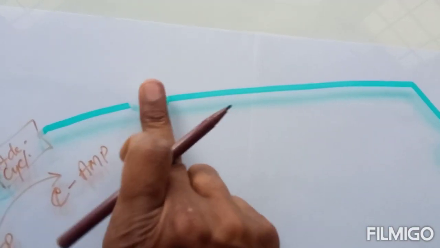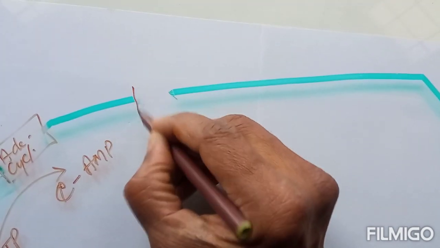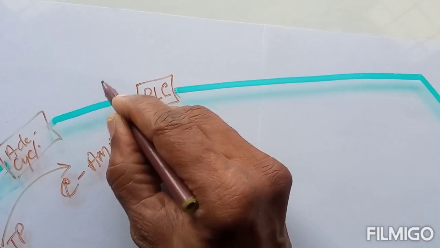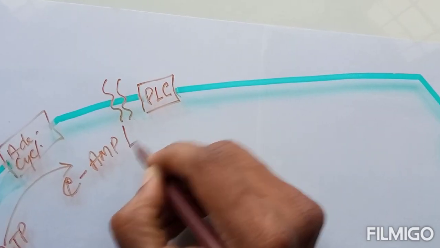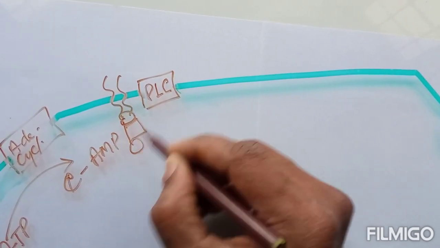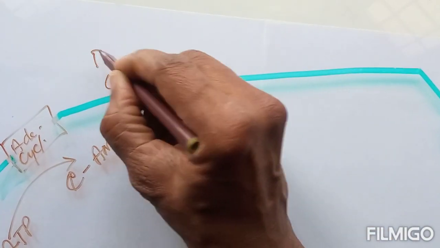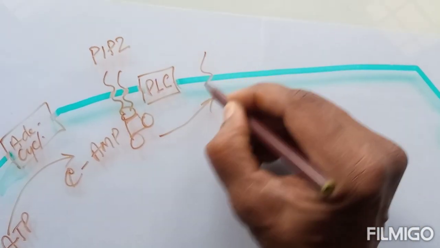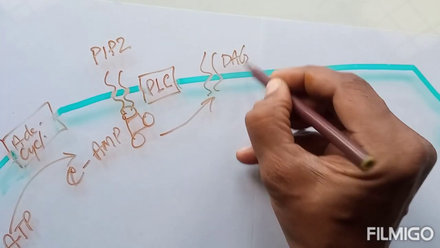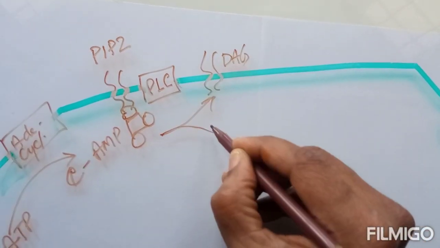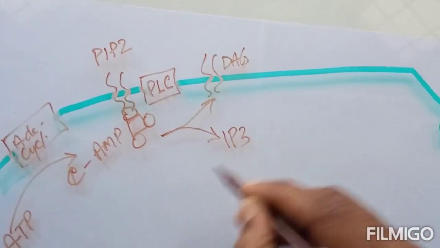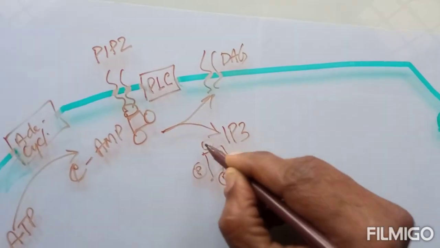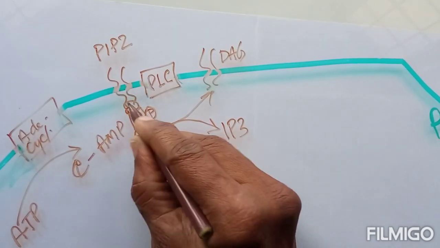Another membrane-bound enzyme is phospholipase C, PLC, and it breaks down PIP2 into DAG, that is diacylglycerol, and IP3, inositol triphosphate.